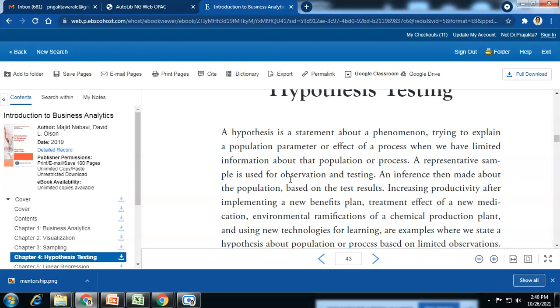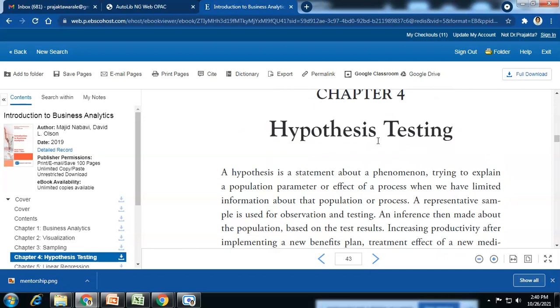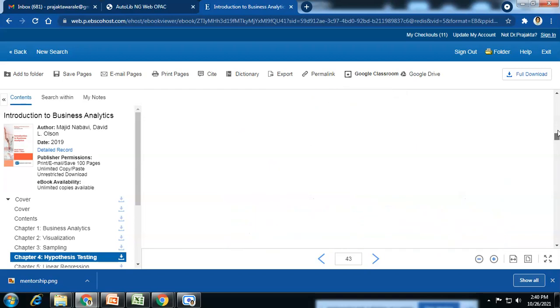It is a very nice book to understand, in very simple language, and you can easily understand all the basic concepts related to hypothesis testing, what analytics is, and its different types.